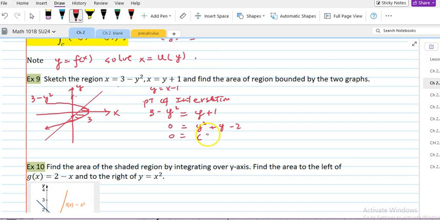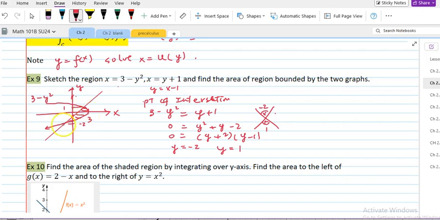So 0 equals (y plus 2)(y minus 1), using the diamond of negative 2 and 1: multiply, add. So y would equal negative 2, or y would equal 1. So our y value for this is 1 here and negative 2 here.